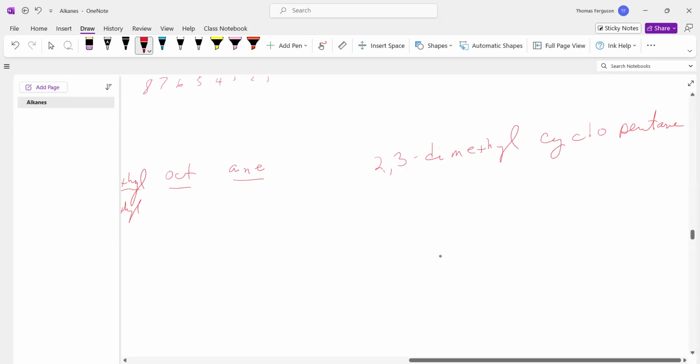Cyclo is ring. Sometimes I draw it like this, just make a house. Either way is fine. Now again, you can do your own numbering any way you want here. 2,3-dimethyl means they're together.